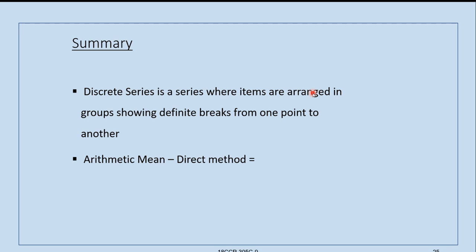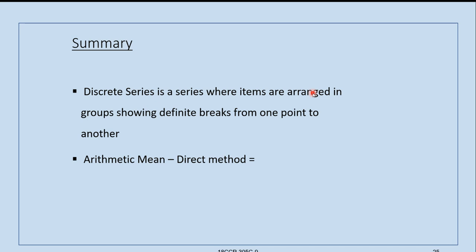Here you have to carefully observe that the series is not continuous. That means the series is not 1, 2, 3, 4, 5, 6 like that. From 1, up to 2, you have no from and to point. You have single values. That is the discrete series.